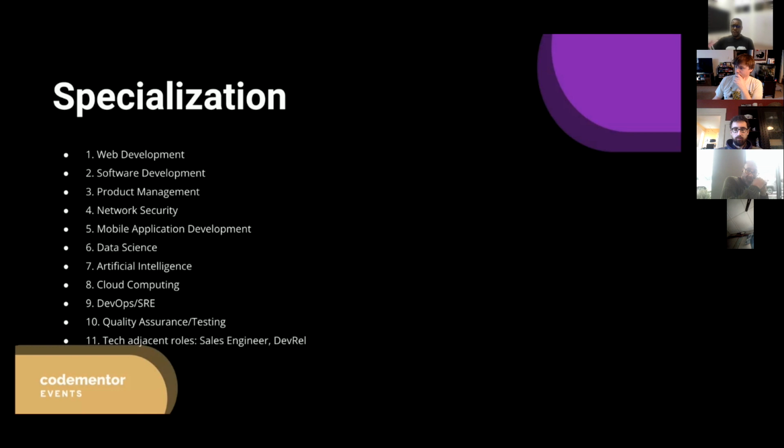Like I said, there are lots of adjacent roles. So for people coming from various industries, coming from marketing, coming from sales, coming from other aspects of different organizations trying to get into the tech side of things, there are very many adjacent roles that you could look at that would pretty much be your strong points.